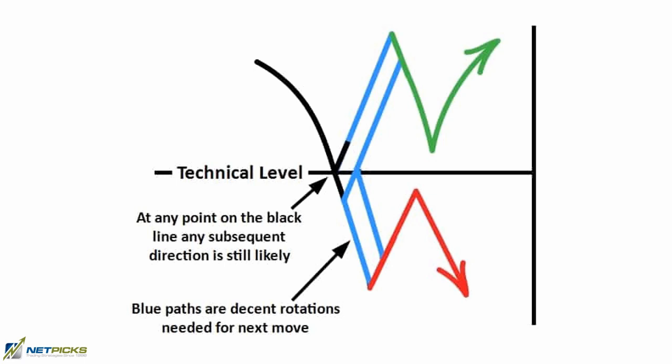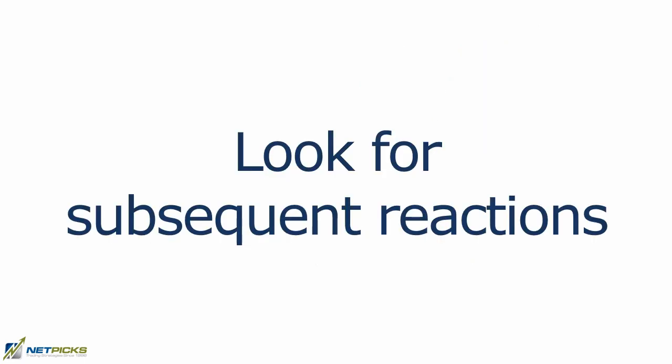So the key thing here is to get your timing right. And to do this, you leverage your understanding of what rotations are in the market. So if a market bounces from or breaks through a level by a decent number of ticks, what it's telling you is that it had enough energy on that side to gain that reaction, right?